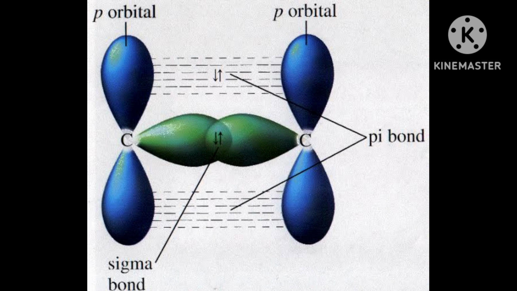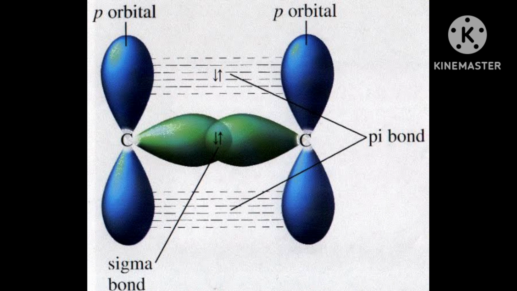Now the next reaction I am telling you, pyrolysis. Pyrolysis means strong heating. This term is used for the breaking of higher alkanes at high temperature. Higher alkanes on heating to higher temperature decompose into lower alkanes or alkenes.